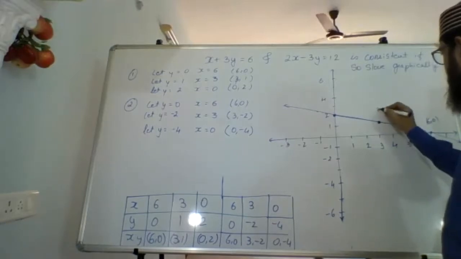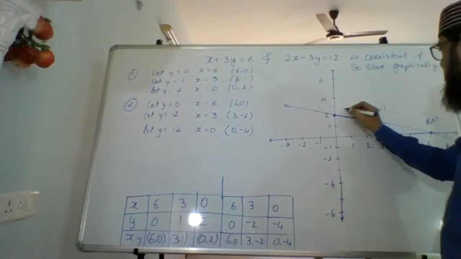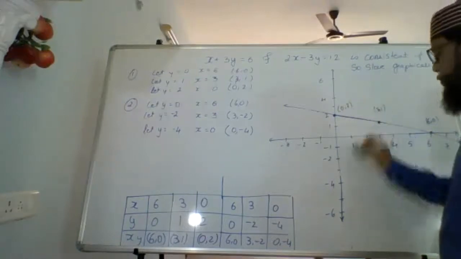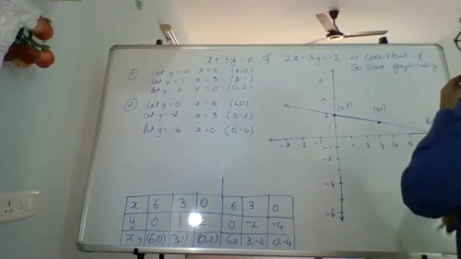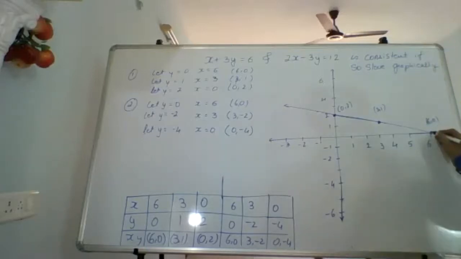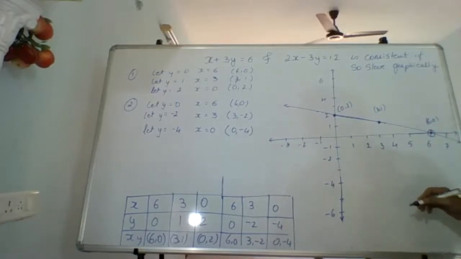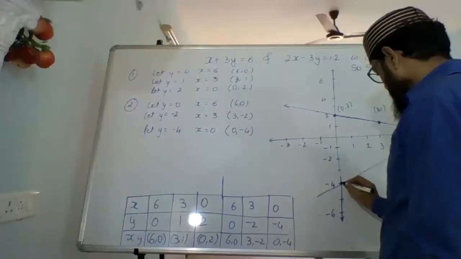This is 3 comma 1. This is 0 comma 2. Similarly, for the second line, 6 and 0 happens to be the same point again. Then 3 comma minus 2.